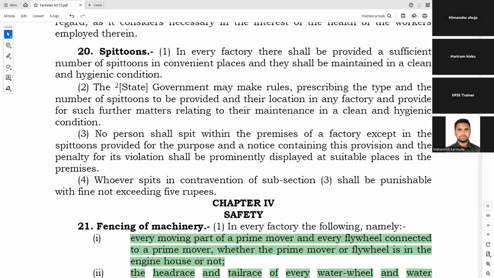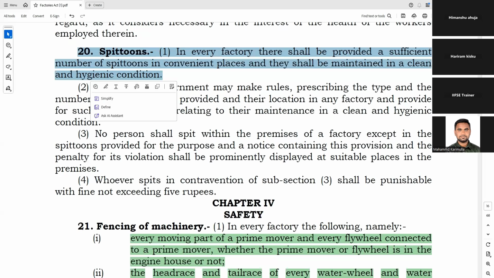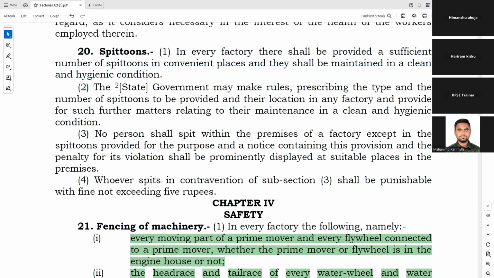This section talks about providing sufficient numbers, and it is applicable for the entire India. So they talk about a sufficient number, in generic language. When you go to the state-specific rules, they are clearly mentioned. The state government will define what type of material it should be, how to clean, and what the maintenance frequency is. Everything we can see in the state government rules.